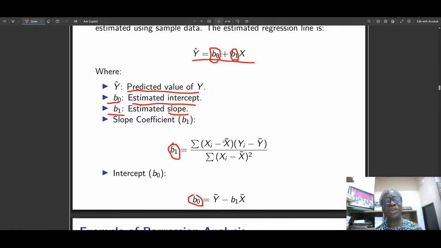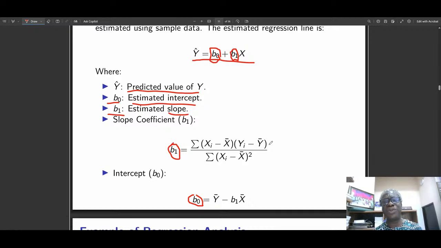The sum of the cross product is what you see in the numerator. The sum of the squares of the deviations from the mean for x is what you see in the denominator.